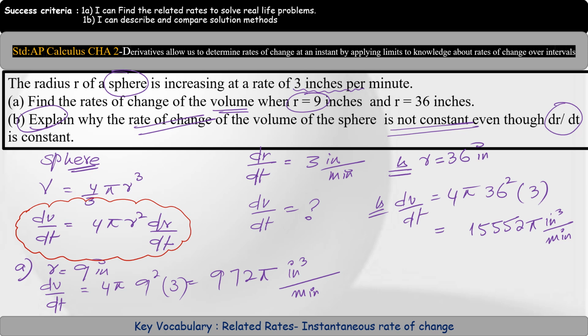You have to say that the rate of change of volume depends on the radius and the rate of change of radius. Although the rate of change of radius stays constant, by changing the radius, the rate of change of volume changes.